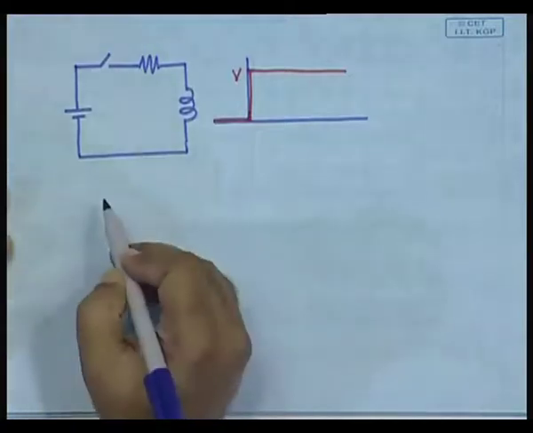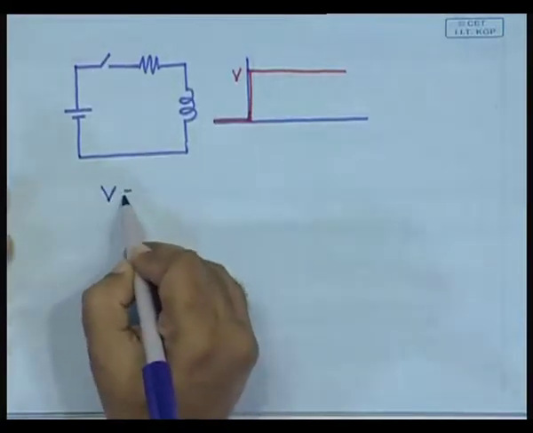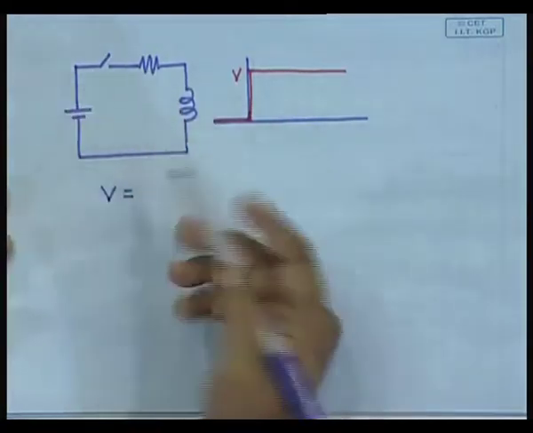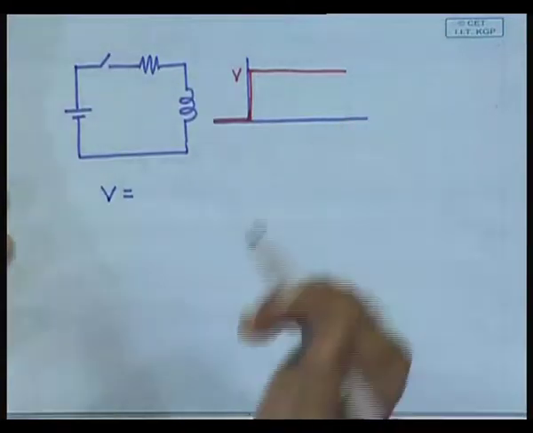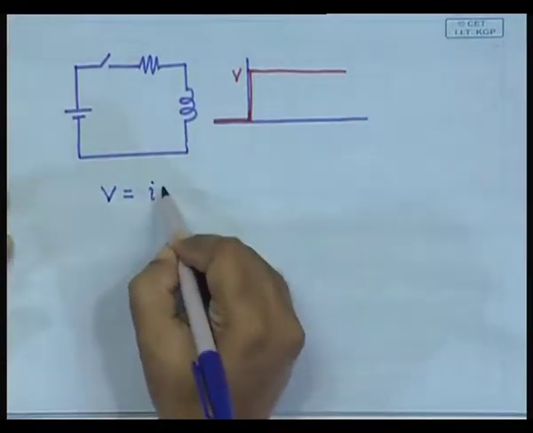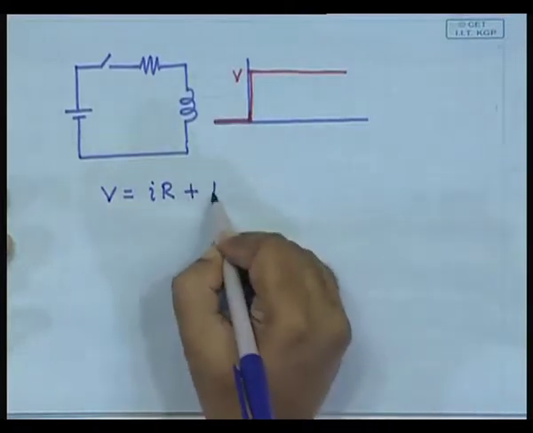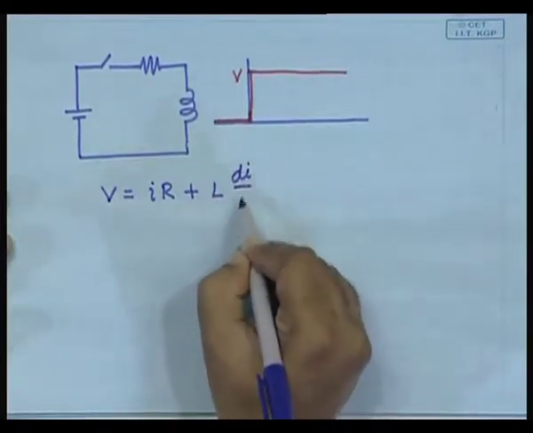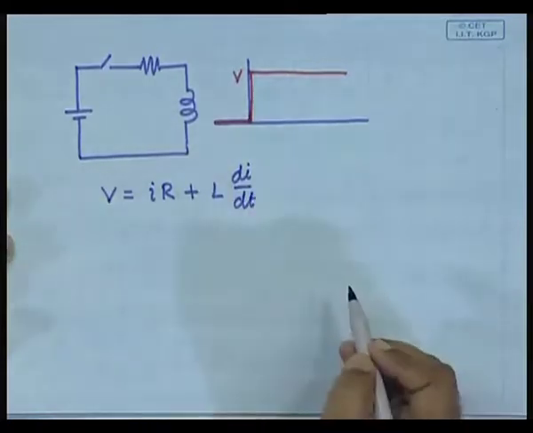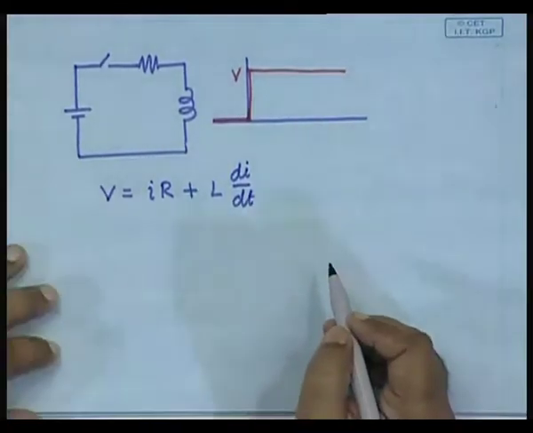The differential equation is V is equal to R I plus L d I dt, that is the Kirchhoff's voltage law.